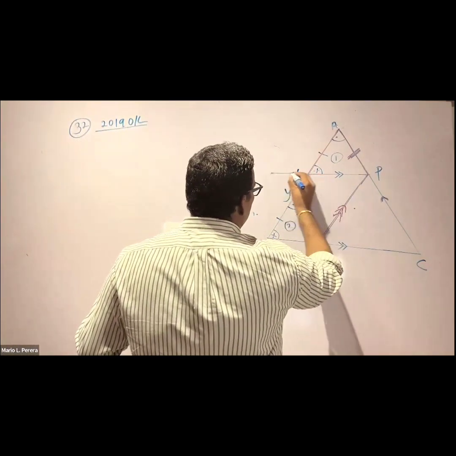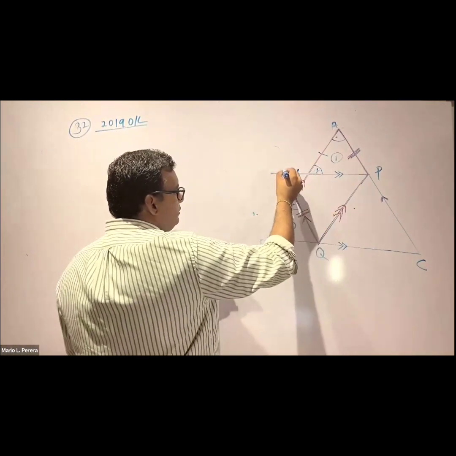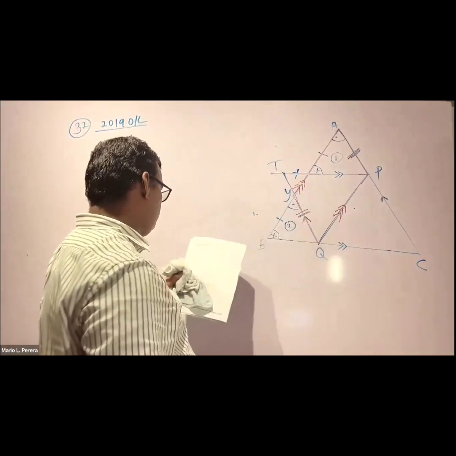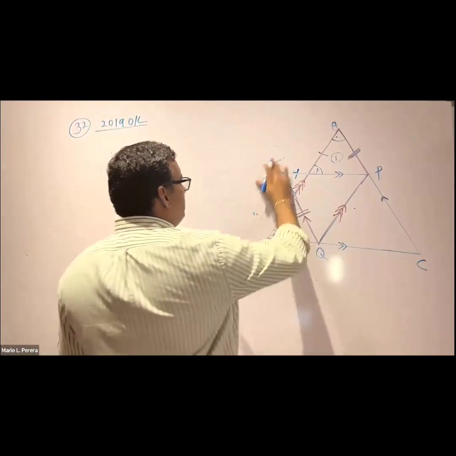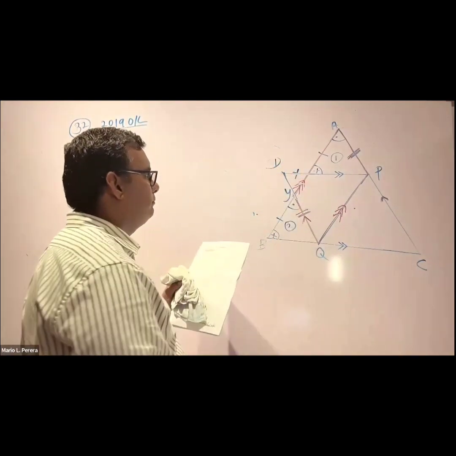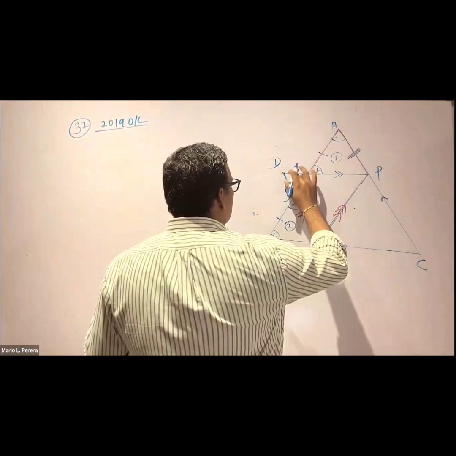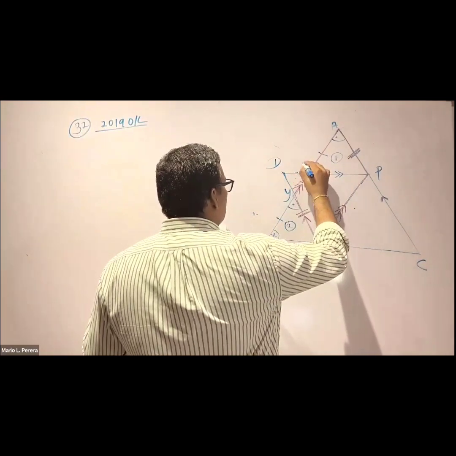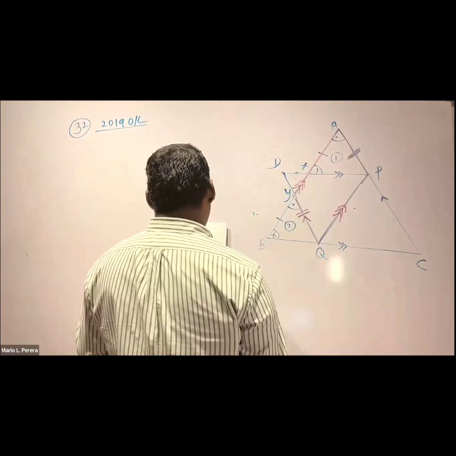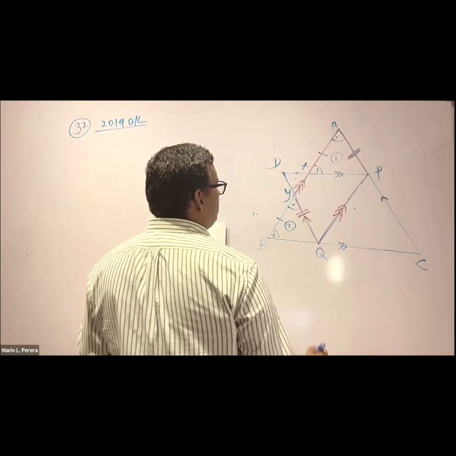PX you produce this way, QY you produce this way. D for dog. If DX is equal to XP, show that XY is equal to half PQ.